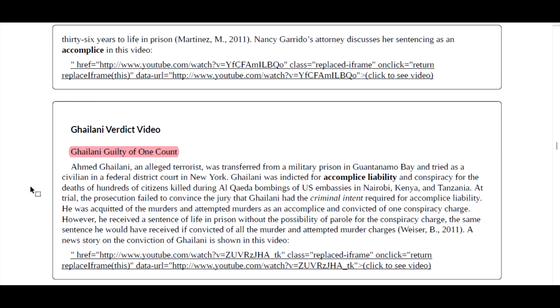I believe the most recent thing I read was, I think it's in Michigan where he's at now, but it's another one of those accomplice liability cases.